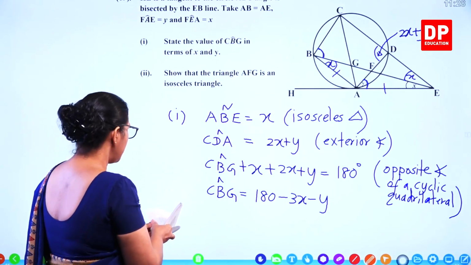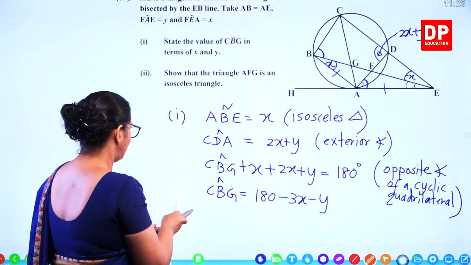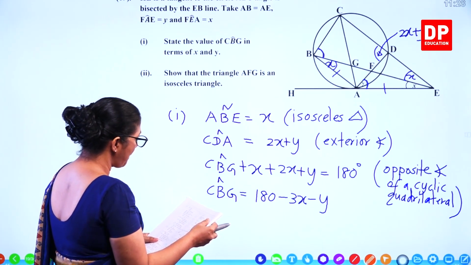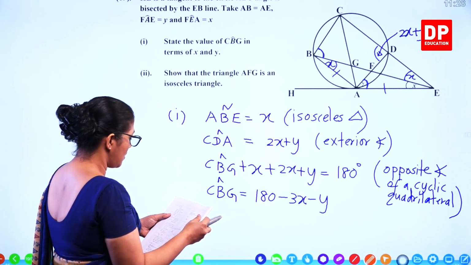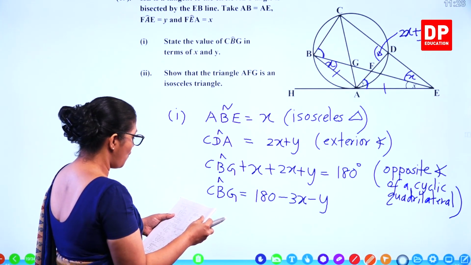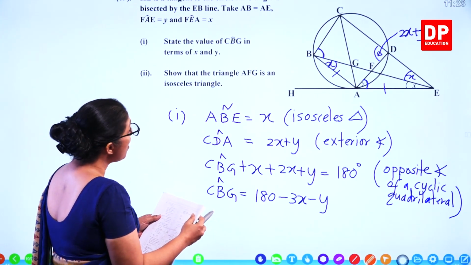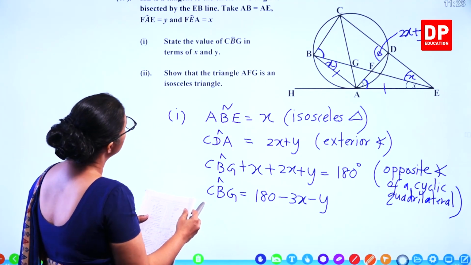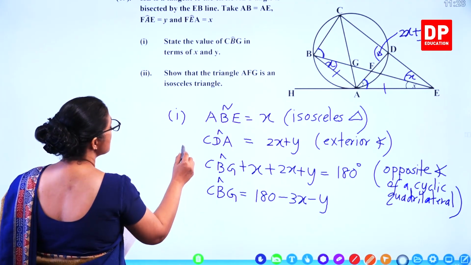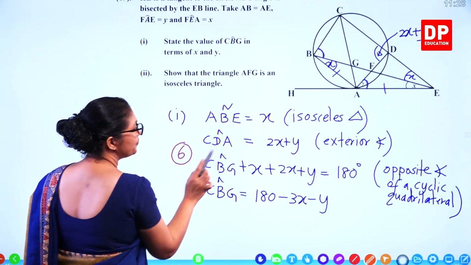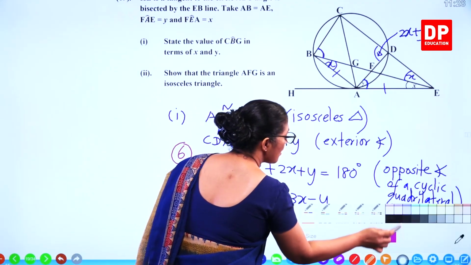You are getting 2, 3, 4, 5, 6 marks for that. So 6 marks for finding this angle. So each part you get 2. The next one.